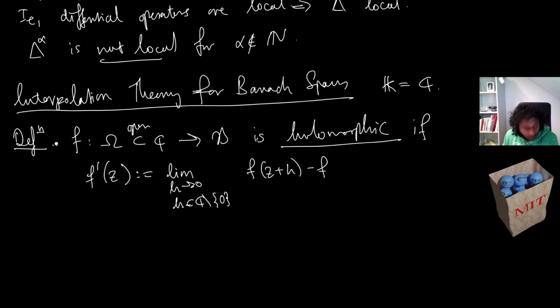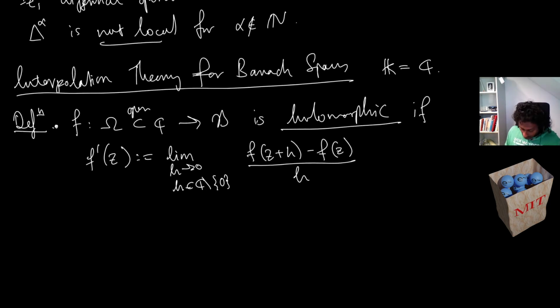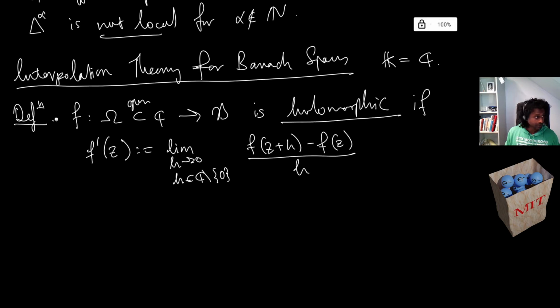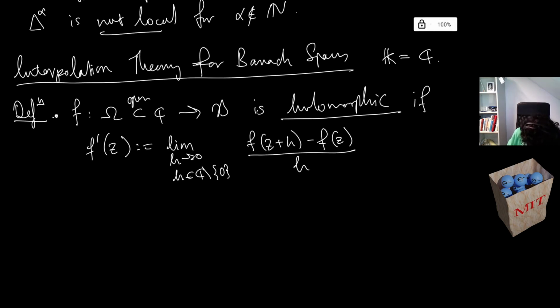Here, of course, we need to take the limit with respect to the Banach space norm. So it's exactly what you have in the complex world, except now this limit is with respect to the Banach space object. Okay? So this exists for all z in omega.